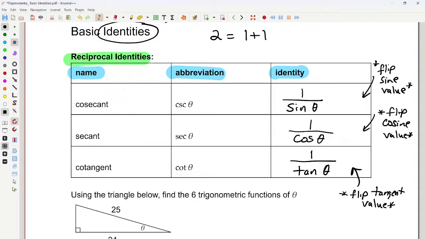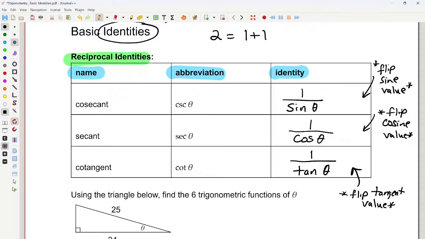Together, SOHCAHTOA, along with these 3 identities, make up what is called the 6 trig functions. There's never going to be 7, so that's good news. It's not like, is there more coming? No, there's 6 and only 6 in all of mathematics. Sine, cosine, tangent, and their reciprocals.